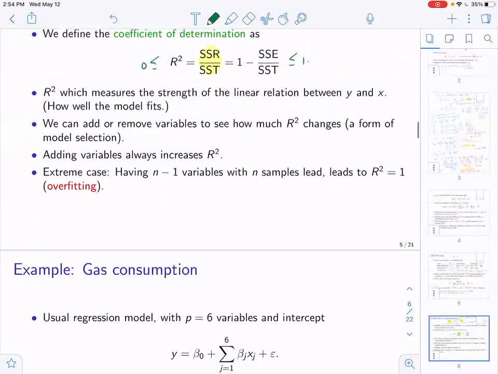So for example, if you have X and Y, and you have your data, and you have the same line but very tightly scattered around it, R squared would be higher.